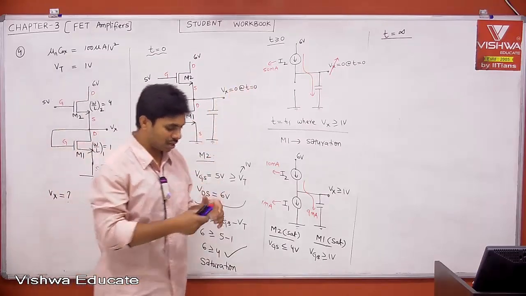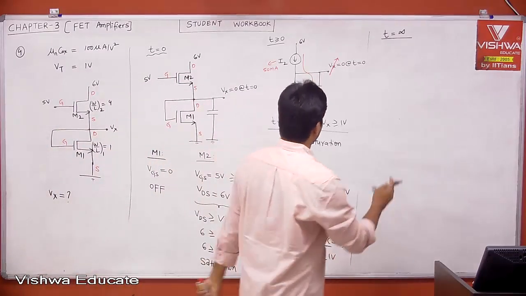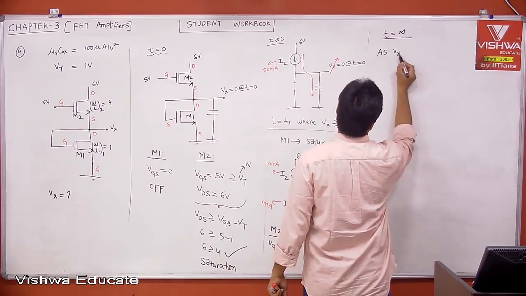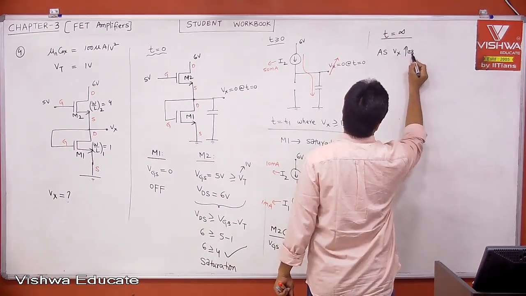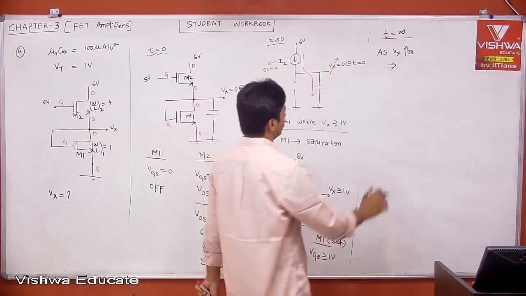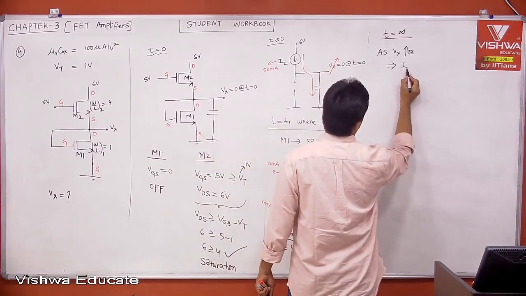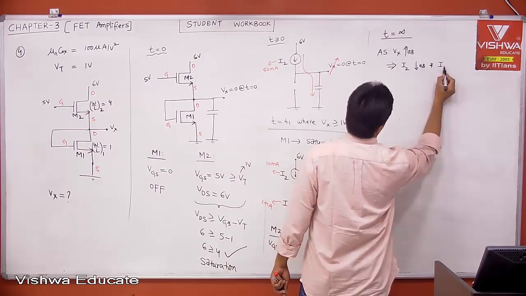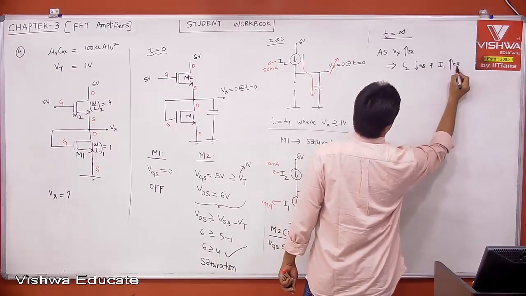That is what happens under steady state. As Vx increases, the current I2 decreases and current I1 increases.